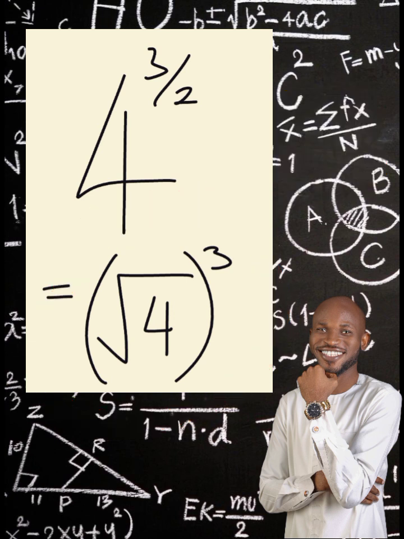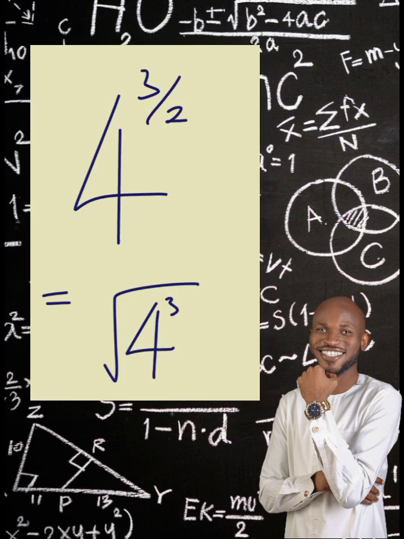Now, there's another way you can actually break that down. You can say 4 raised to the power of 3. You can write that down first before you now find the root of that answer.